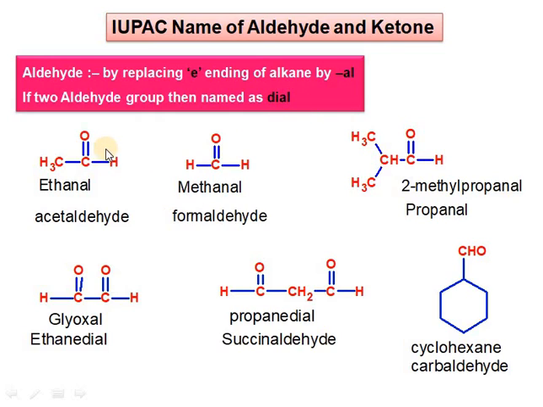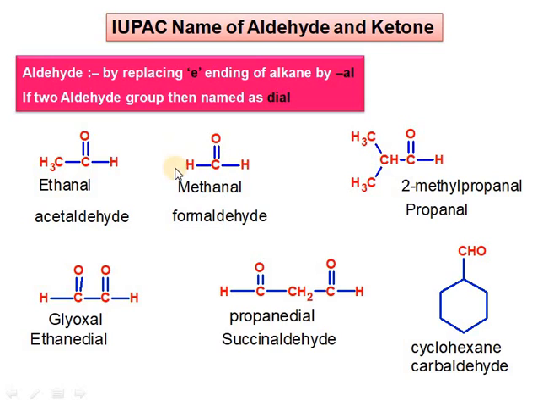Now we have seen examples like this. In this example, we observe that two carbon atoms are there, this is 1 and 2. So the parent name is ethane, and then the E of ethane is replaced by AL. Therefore, the name is ethanal, and the common name is acetaldehyde.